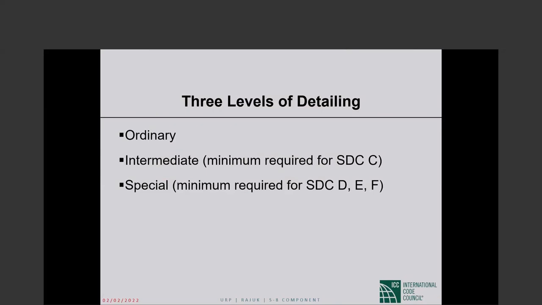Theoretically, we should be allowed to design any structure anywhere for a low design force level if we are prepared to do the fancy detailing that goes under the title of special detailing.